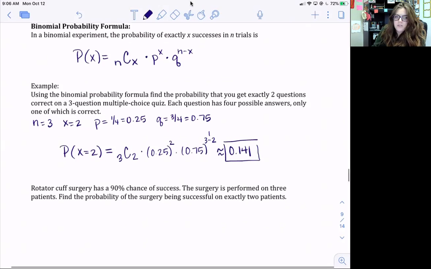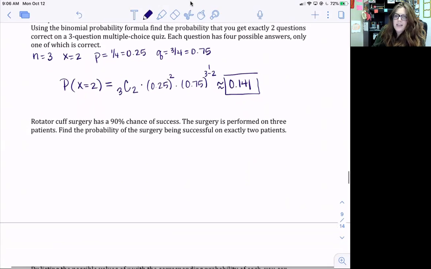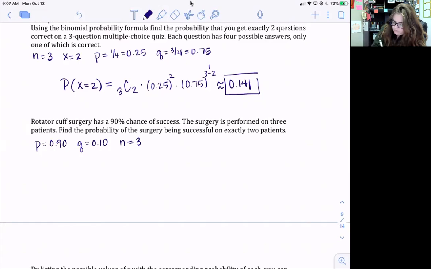All right, let's look at the second one. Rotator cuff surgery has a 90% chance of success. The surgery is performed on 3 patients. Find the probability of the surgery being successful in exactly 2 patients. Our probability of success is 0.90, which means our probability of failure is 0.10. It's performed on 3 patients, which means that's our n value. And again, we're looking for when x is exactly 2.